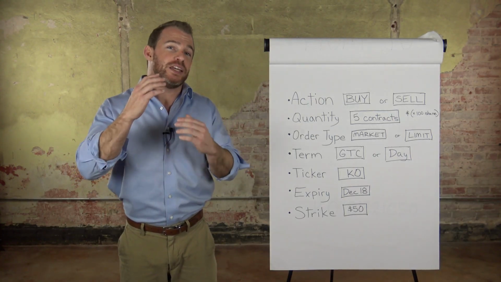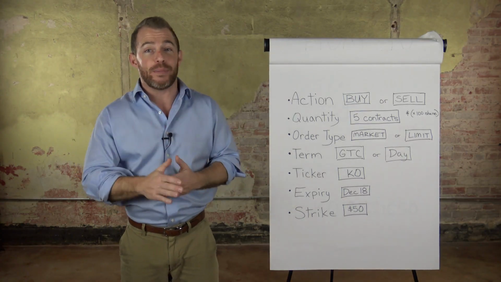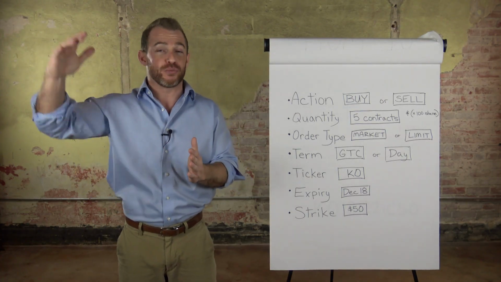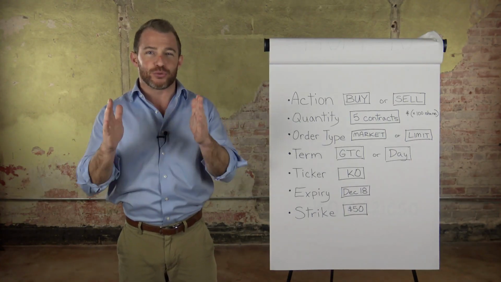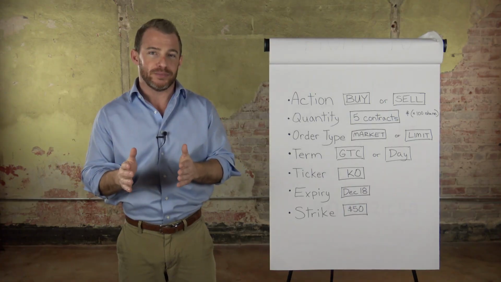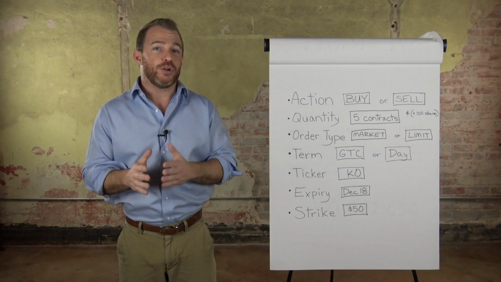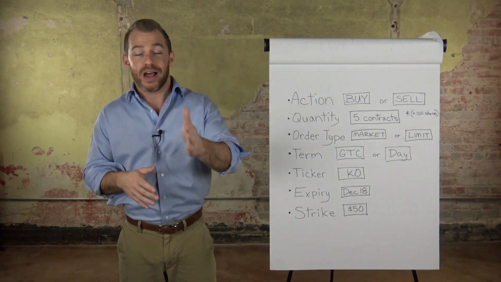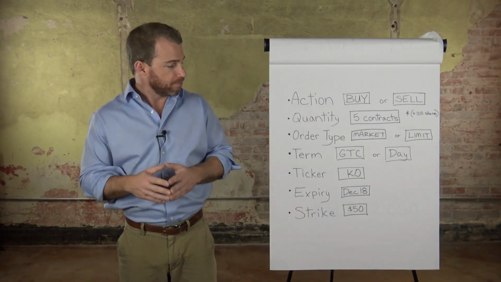So if you just place a market order, you're going to get the high end of that price. If you're buying a lot of options, you could get an even higher price if you burn through a few of those asks. So I always use a limit order, and I'll generally place it right in the middle of that bid-ask spread. So like I said, if we've got a bid at $5 and an ask at $5.50, I'll usually place a buy limit order at maybe $5.25 or $5.30 and usually get filled within a few seconds.